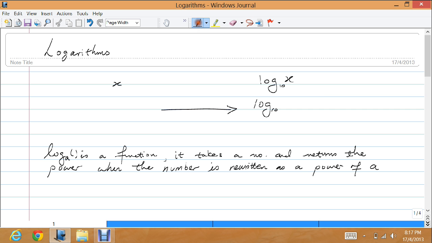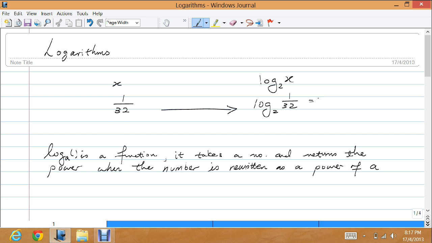Another example would be, let's say, log base 2, and my number x is 1 over 32. Log base 2 of 1 over 32. It's a fraction, so what would be the answer?